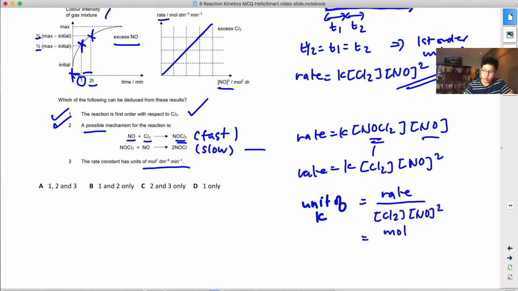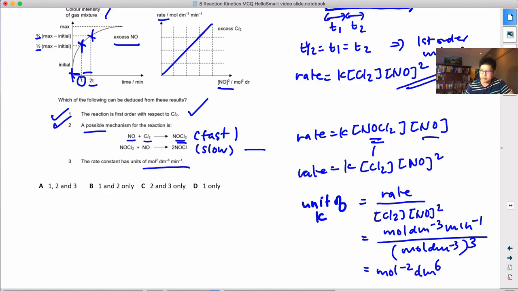So this is actually moles per dm cube per minute over moles per dm cube. You work it out, it's going to be mol^-2 dm^6 per minute.